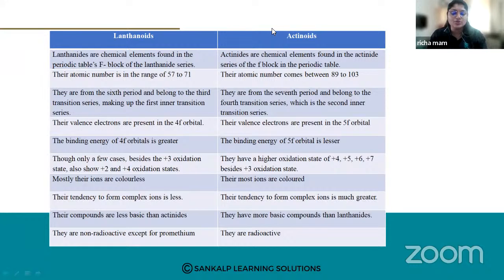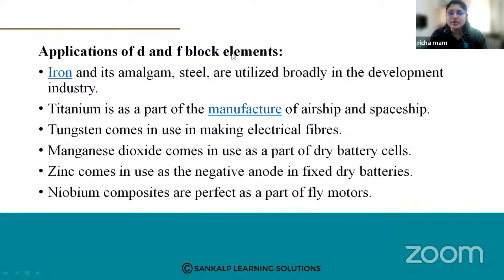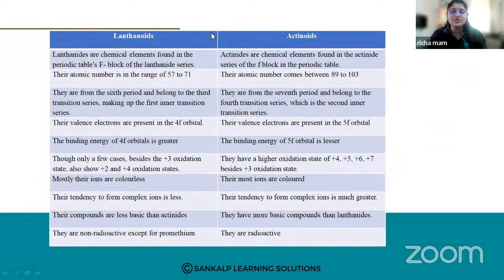So you need to know what the main differences are here. Fine. Let's go for the next one. Any doubts so far?